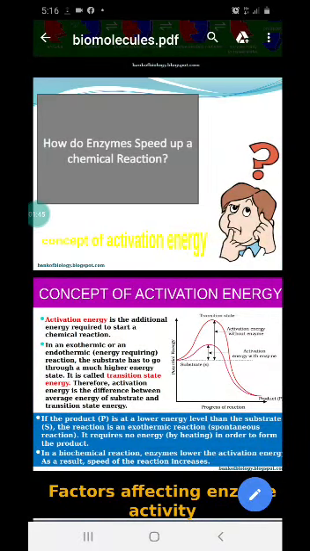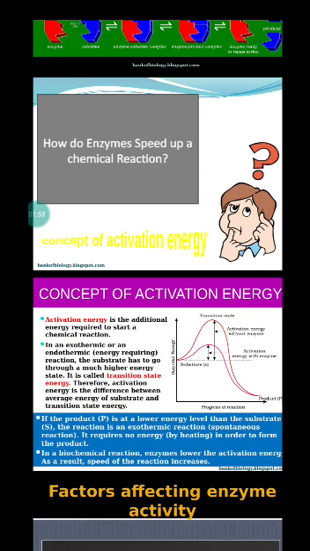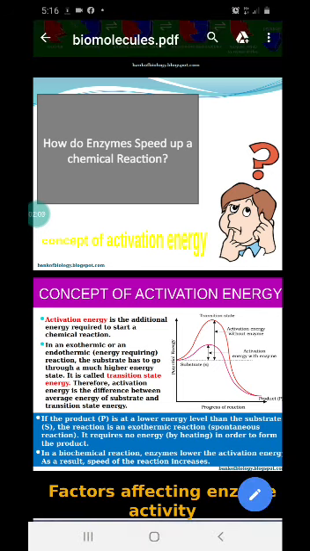Children, we know that enzymes are used to speed up a chemical reaction. So how do they speed up the chemical reaction? For a chemical reaction to happen, a certain kind of energy is required, which is called the activation energy. For both catabolic and anabolic reactions, there is an energy state called the transition state energy, which is at a higher energy level.